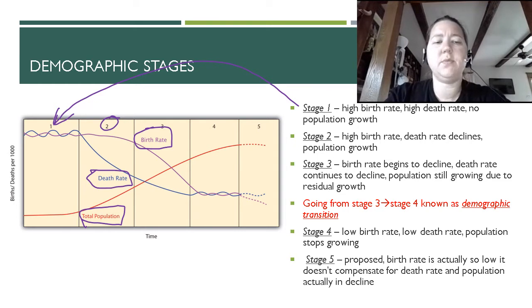Stage 3, people are realizing, hey, we're not dying as fast. We don't necessarily need to have as many children. So at the beginning of stage 3, you still have a high number of births, but they're starting to go down, and our death rate is continuing to go down. So there's still population growth, residual growth.